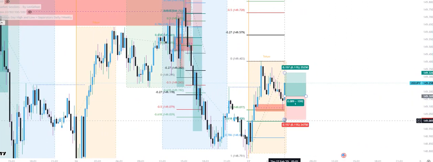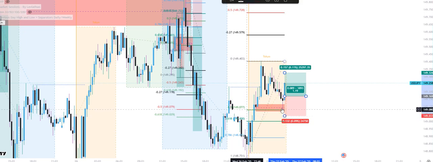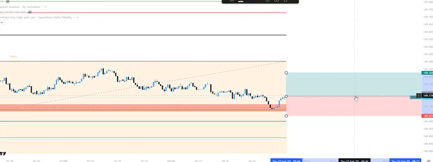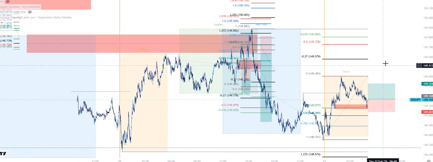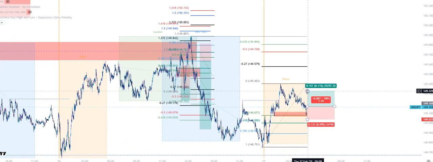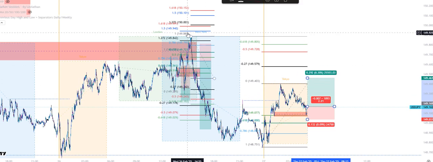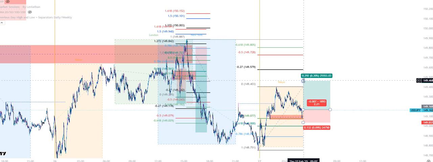Okay, so stop loss will be below this FVG, and my target will be, okay, let's take a look. Got this high here, this is the old.